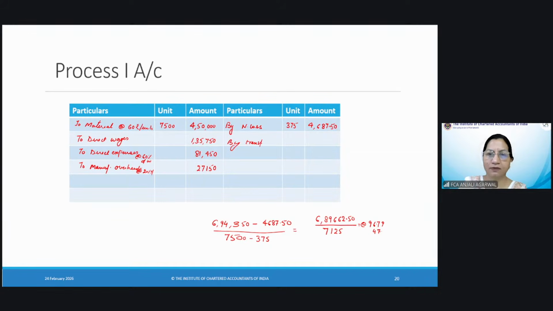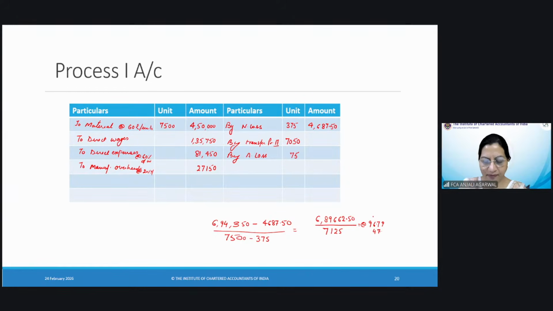But this is not 7125, it is 7050. So the balancing figure is abnormal loss of 75 units. But the rate that will be charged to process 2 units and 75 units is at the rate of 96.79.